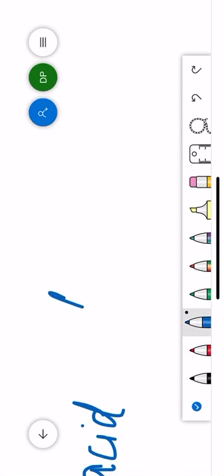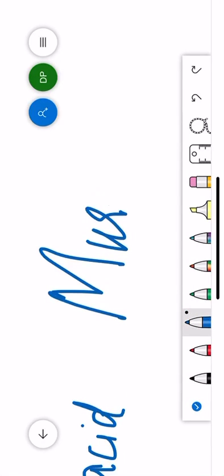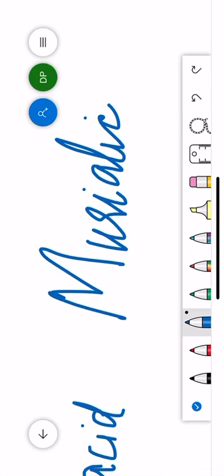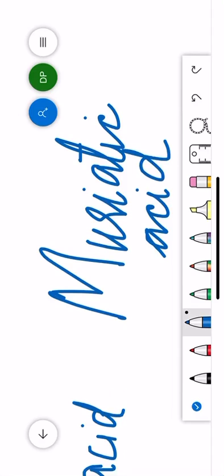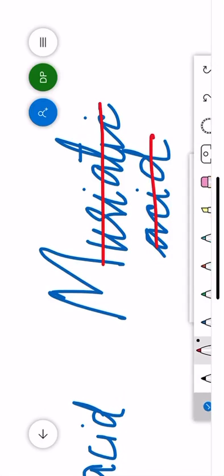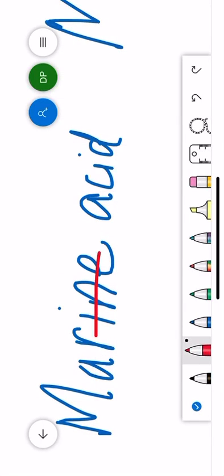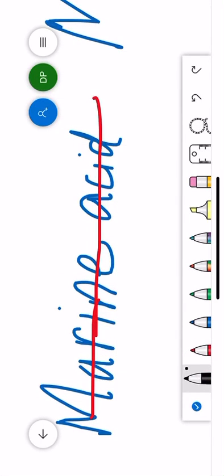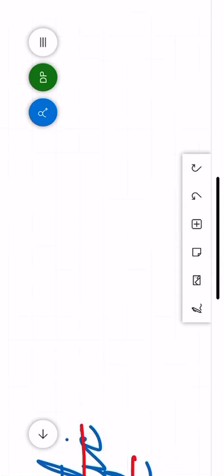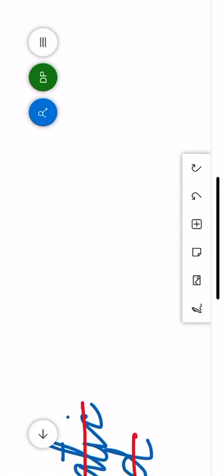Let's call it muriatic acid. Do you know what the joke is? We don't use any of these names anymore. We just call it hydrochloric acid. Okay, so moving on.